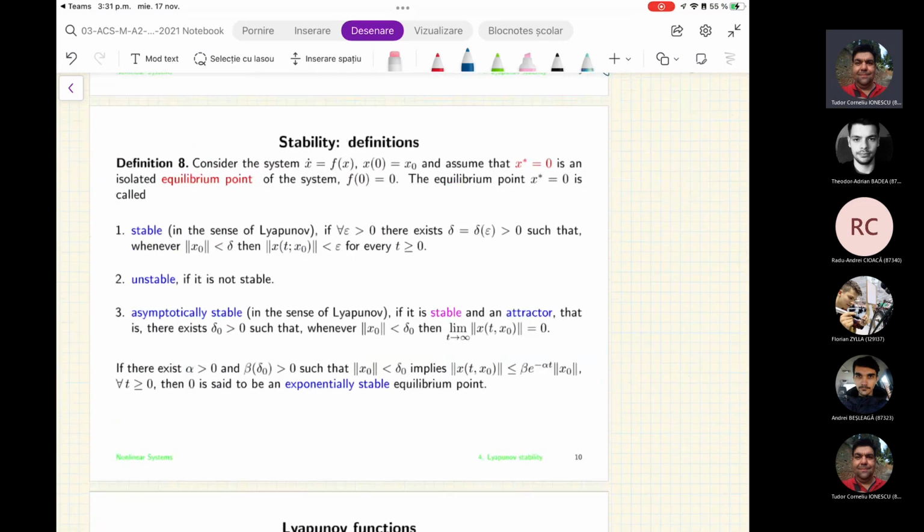And now we turn our attention to the definitions of stability. Of course, we'll probably have some epsilon definitions, as we expect, which is typical. So if you have a nonlinear system x dot is f of x with the initial condition x of 0 is x naught, and if we assume that x star equal to 0 is an isolated equilibrium point, that is f evaluated in 0 is 0, then we have the following definition.